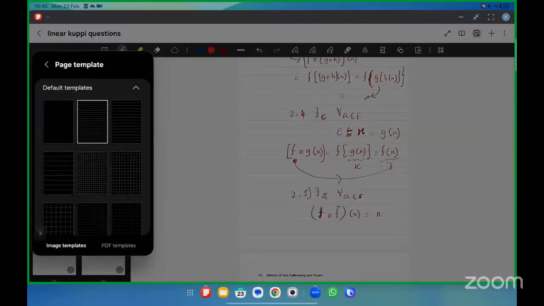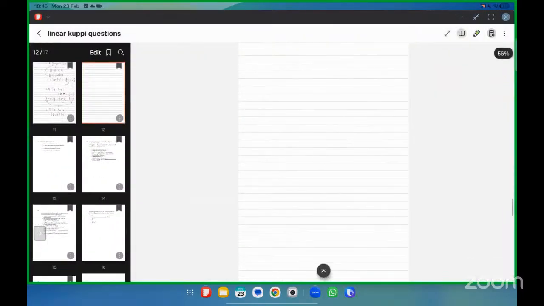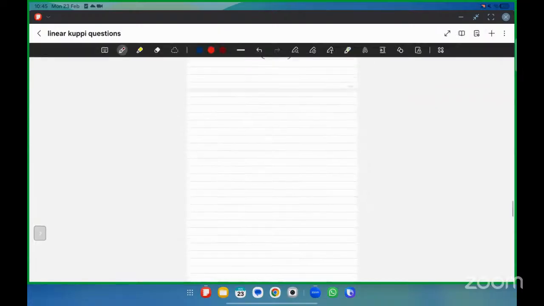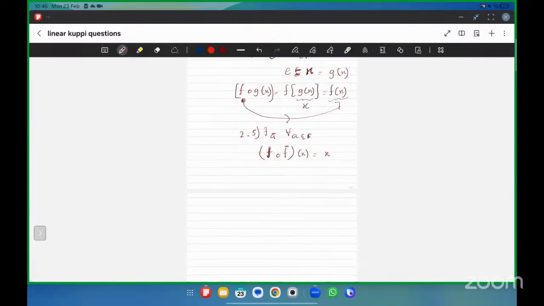If we get that, we can tell f bar is the inverse, right? So we have to find, is there any inverse for all the elements in the set of f?